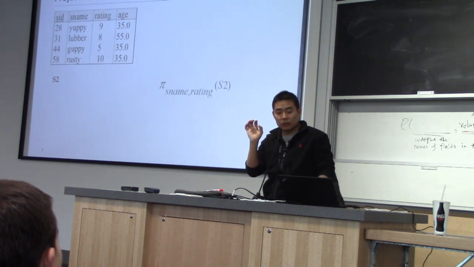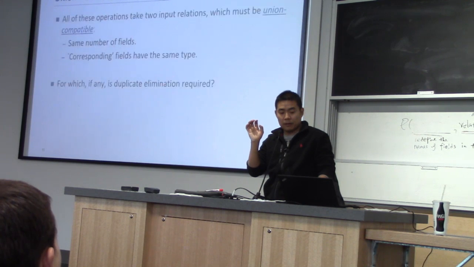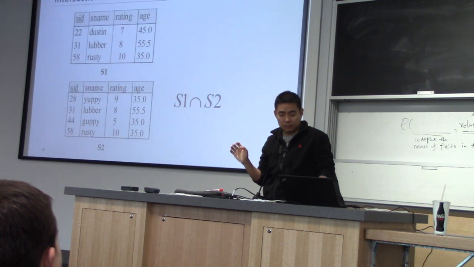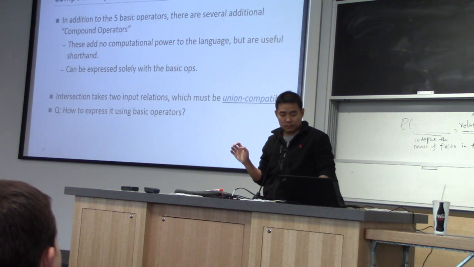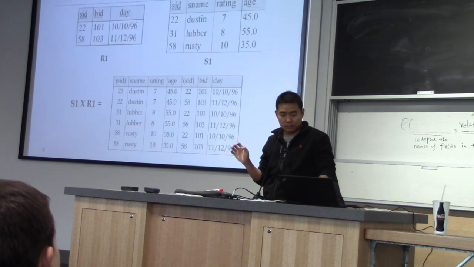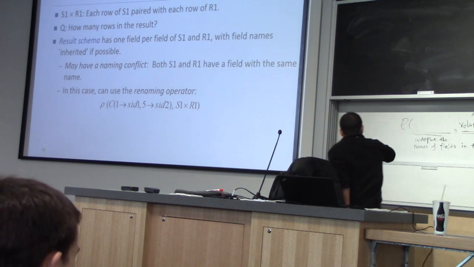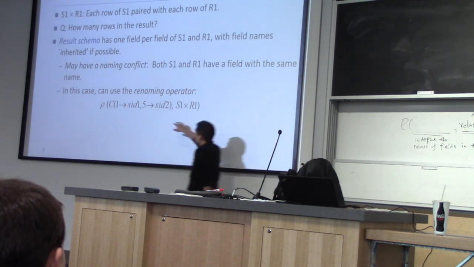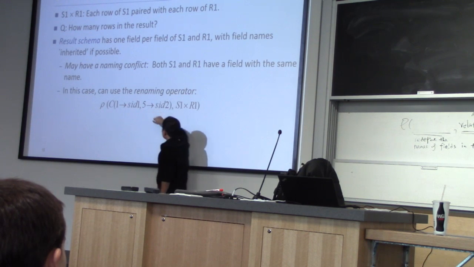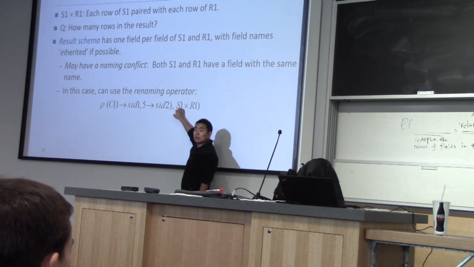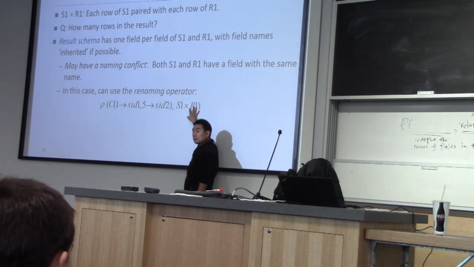So using this notation, now we can do this renaming operator. For example, what this means is I take the output schema, which is the cross product between S1 and R1.